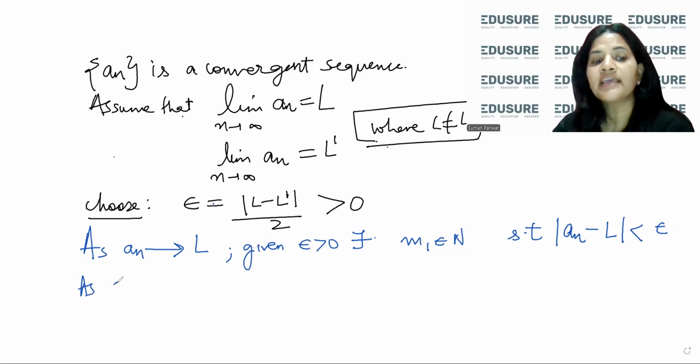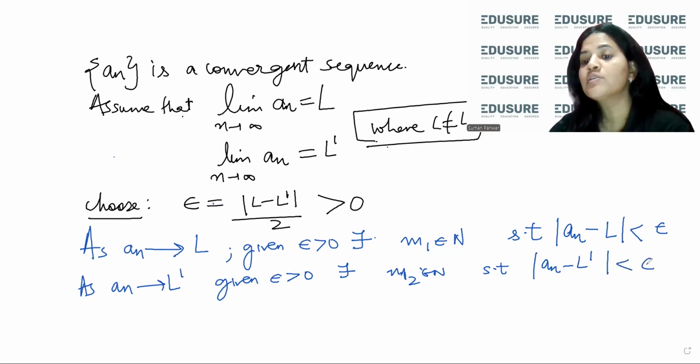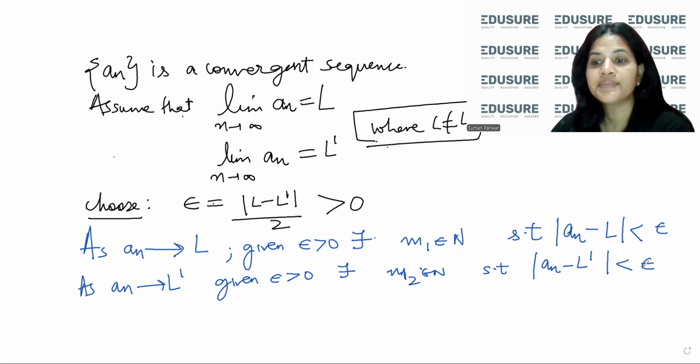Also, as a_n converges to L', given epsilon positive, there exists M2 belonging to N such that the distance |a_n - L'| is also less than epsilon.